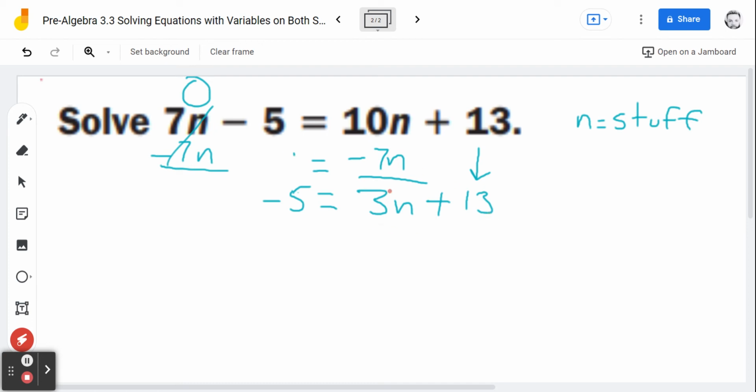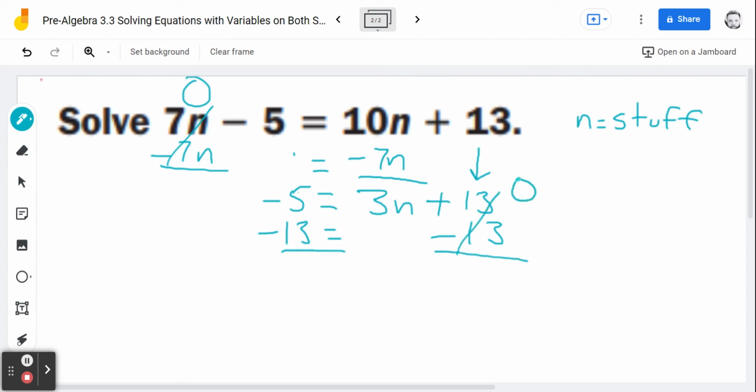The 13. Remember, the coefficient of N is the last thing we do. So if I'm adding 13 to move it, what do I do? Subtract it. And remember, whatever I do on one side of the equal sign, I got to do to the other. What's 13 minus 13?